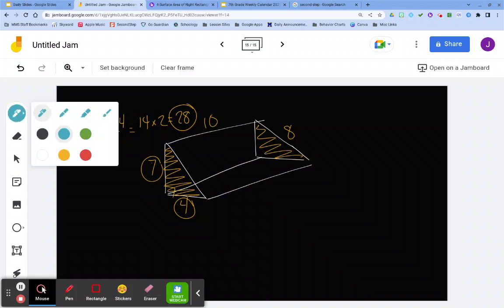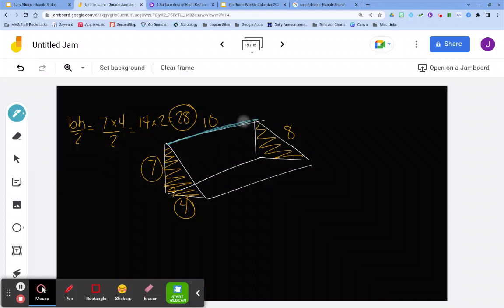Now, let's do the back side. So the back would be this rectangle back here. And for rectangles, we need base times height. So we've got 10 and we've got 7. So we're going to take 10 times 7, so that area is going to be 70.